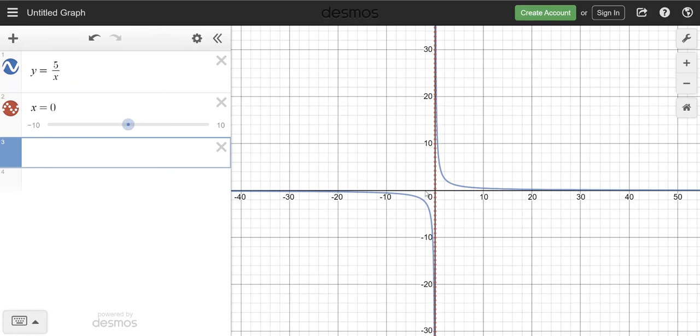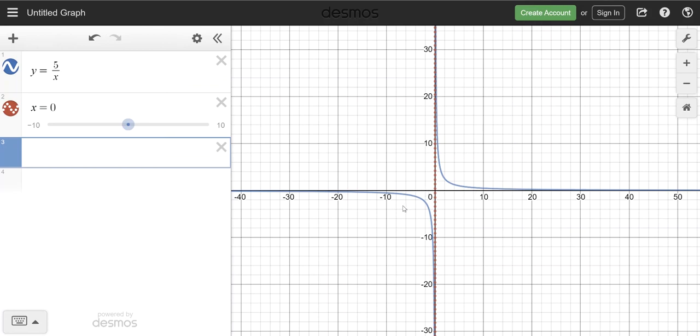Secondly, if you come to 0 from the left side, in other words, if x is approaching 0 but as a negative number, it will become infinitely large in the negative direction. And of course, if x becomes infinitely large, either positive or negative, the graph will also approach y equals 0, because if you divide by a very, very large number, then the quotient will approach 0.